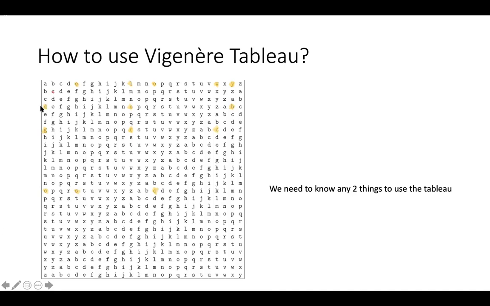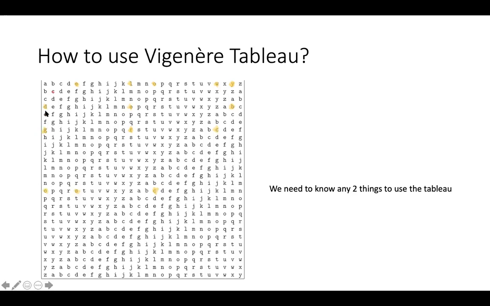So yeah, for B and O, we would have the intersection between D and L, and also Y and D. And for C and R, it would be the intersection of G and L and G and W. So this is a way for us to figure out what is going on.